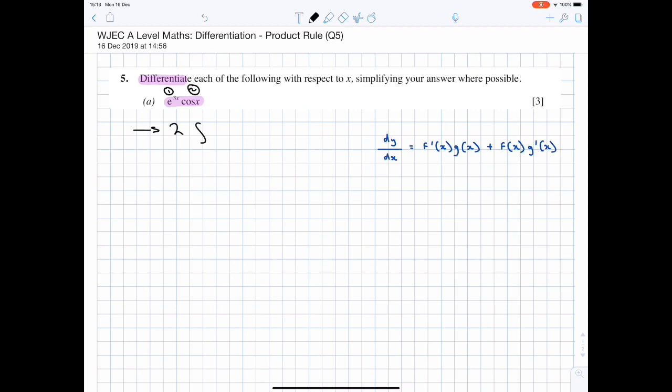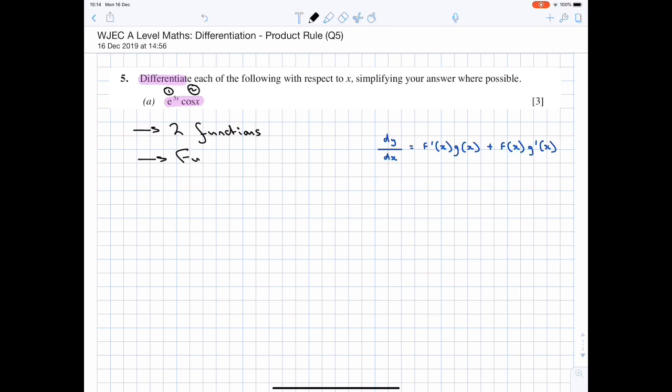So I'm just going to write we've got two functions. And then the second important fact is that those two functions are actually multiplied by each other. And we can't actually see that in the expression, because you don't actually write it times, you wouldn't write it in between e to the 3x and cos x, but we know that those are actually multiplied by each other. So I'm just going to write that down.